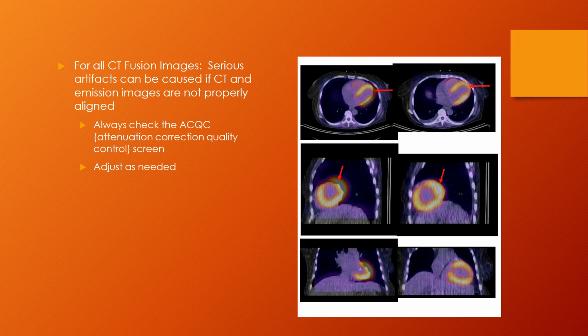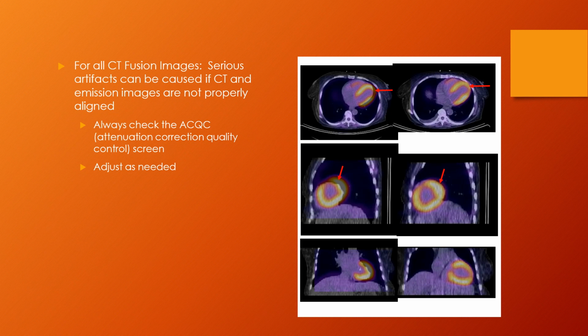Recall that earlier I said if you're doing MPI studies with CT fusion, this can cause a serious artifact if the CT and emission images are not properly aligned. This is a perfect example here. You'll see where the red arrows are pointed in the first column.